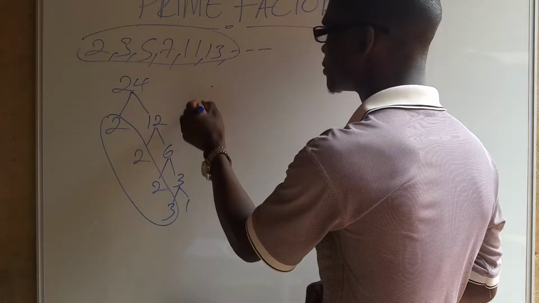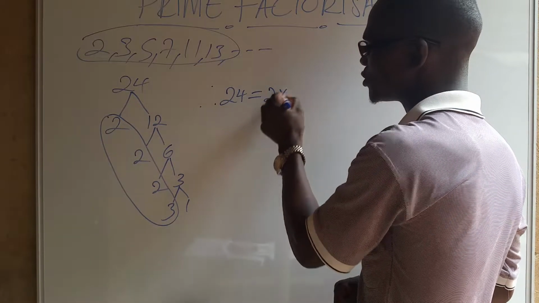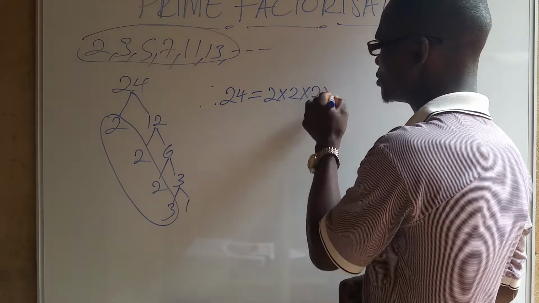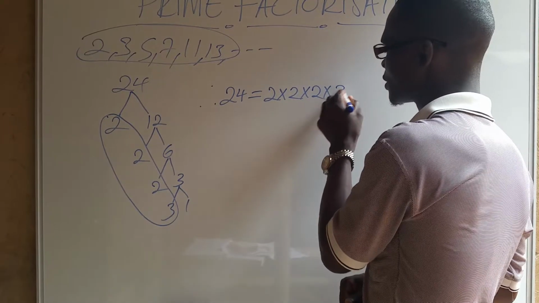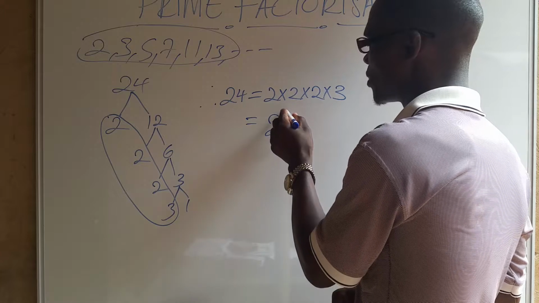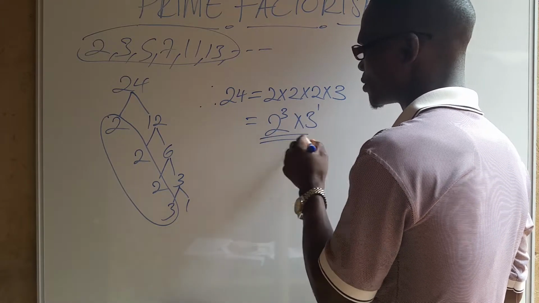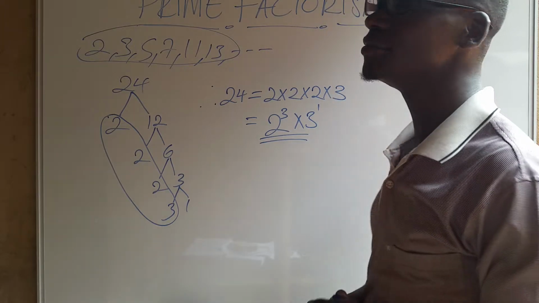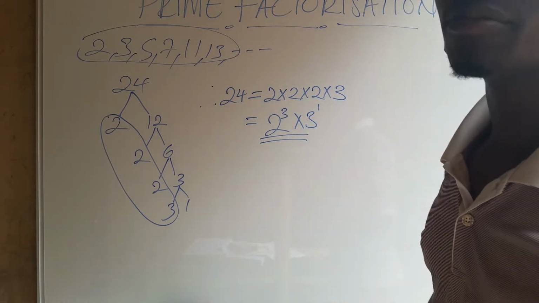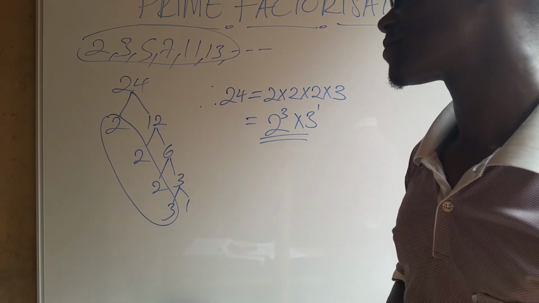And therefore, 24 is given by 2 times 2 times 2 times 3, which is the same as 2 power 3 times 3 power 1. So that is how we express a number as a product of its prime factors.